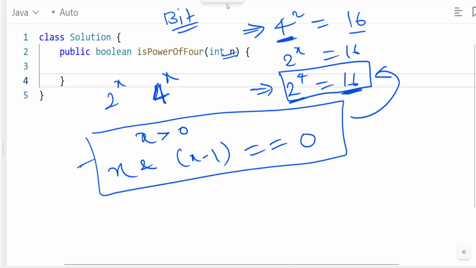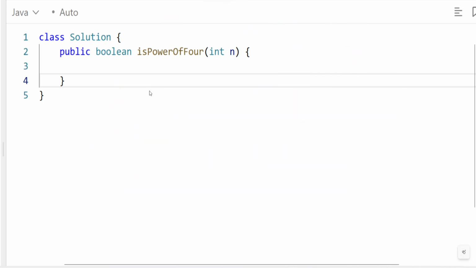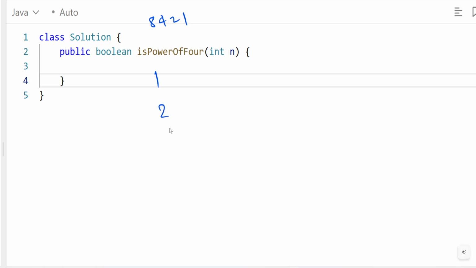Can I say a power of 2 means there is only one bit set in the binary representation, which is 1, and all others are 0? Remember, we have 8 4 2 1. So I will write 1 2 4 8, this is required for our example.